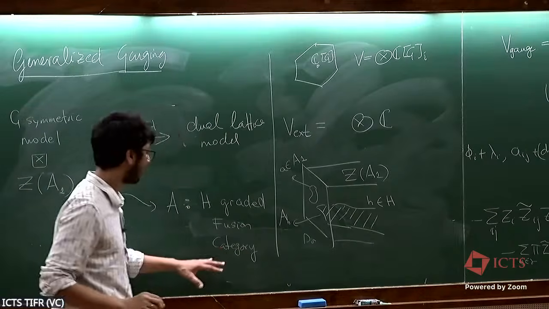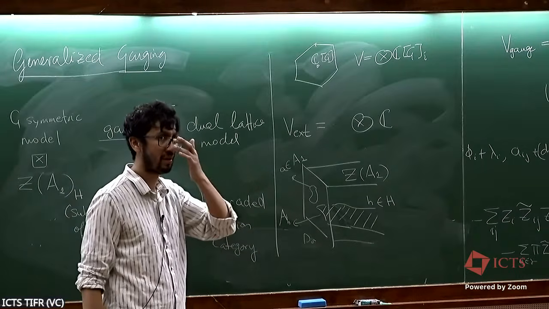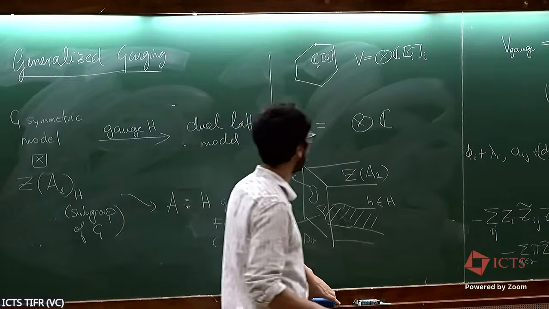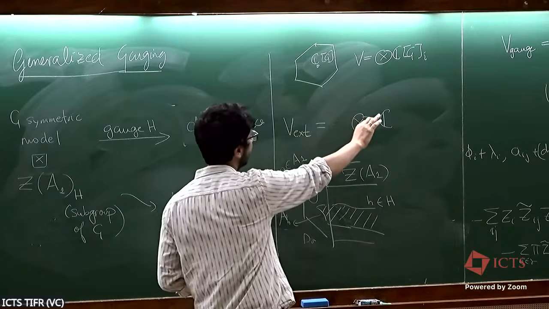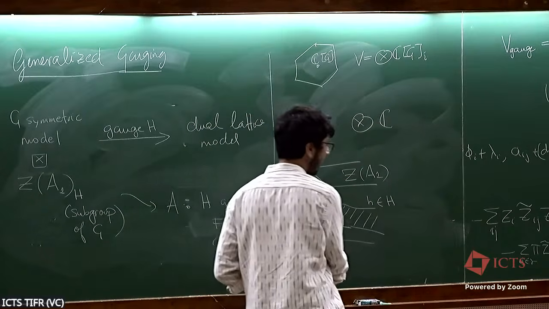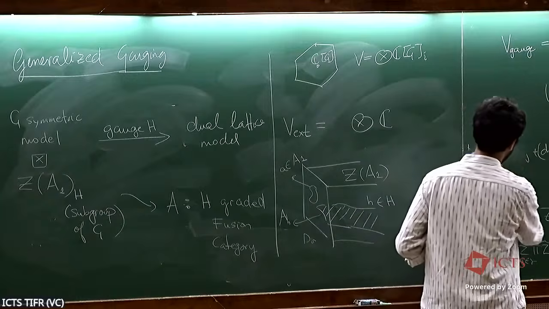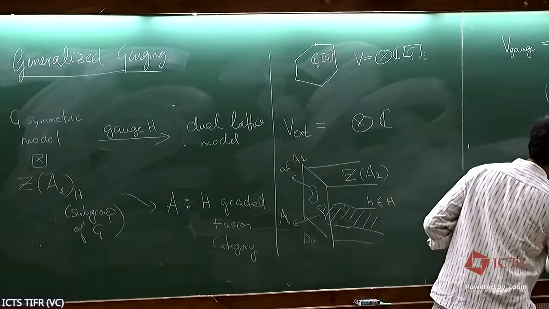Any questions about this? So I want to go to an extended Hilbert space and impose a Gauss constraint, just like we did here, and recover some gauged model.